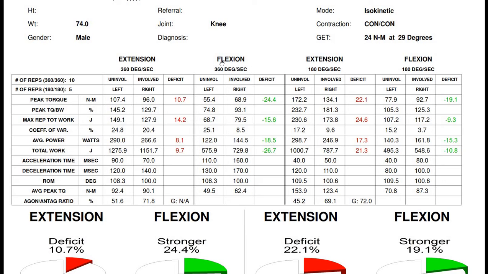So we would say at this point, okay, we have a significant imbalance in the right and left hamstrings, where the right has become the dominant hamstring.